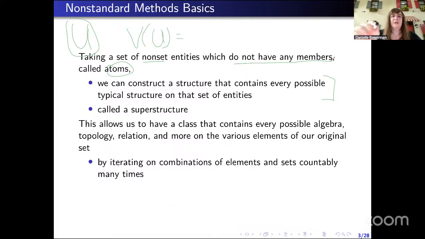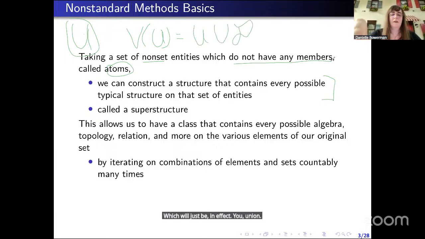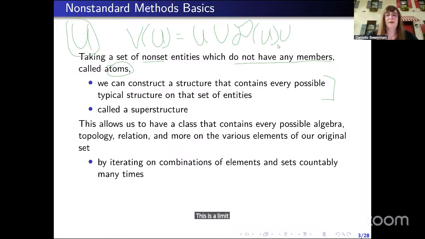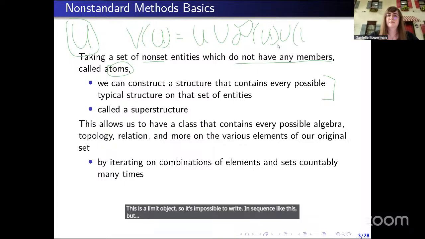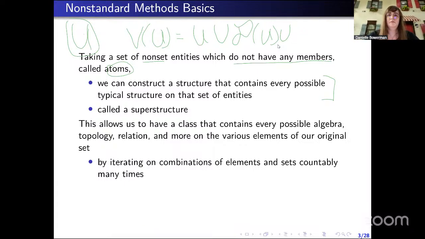which will just be, in effect, U union the power set of U union, and this is a limit object, so it's impossible to write in sequence like this, but you take the power set of all the previous unioned members.